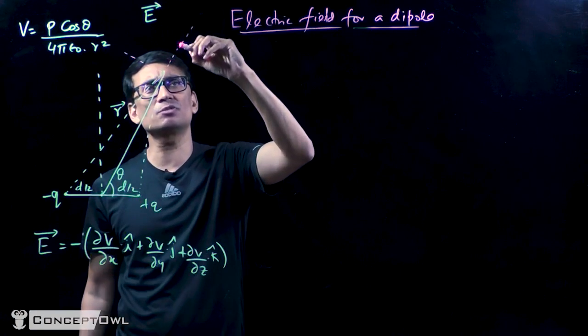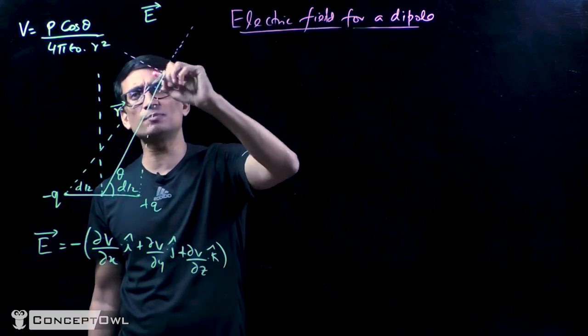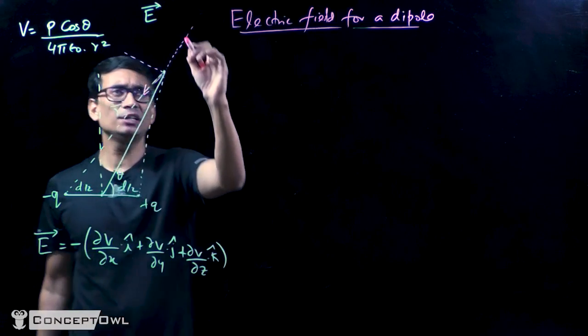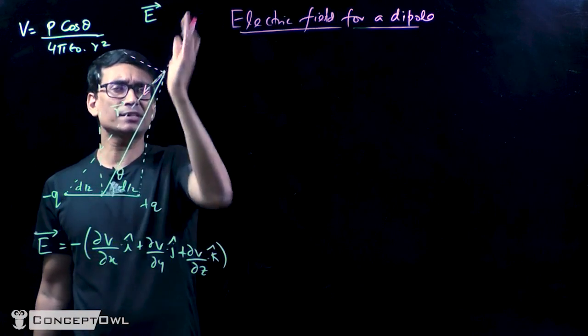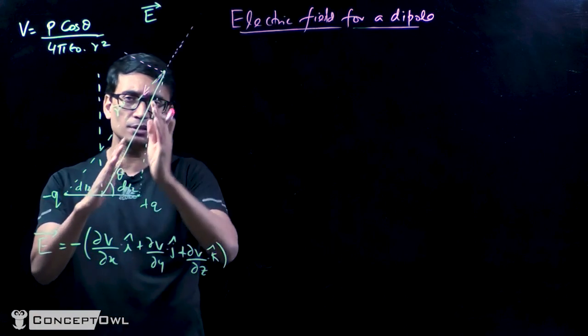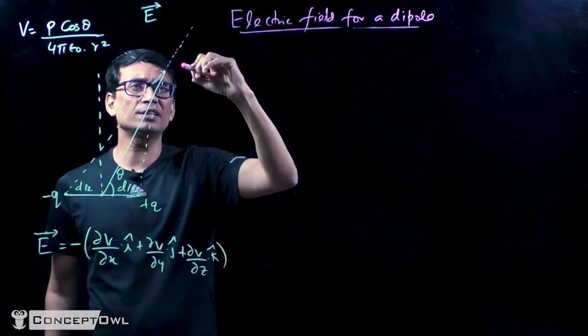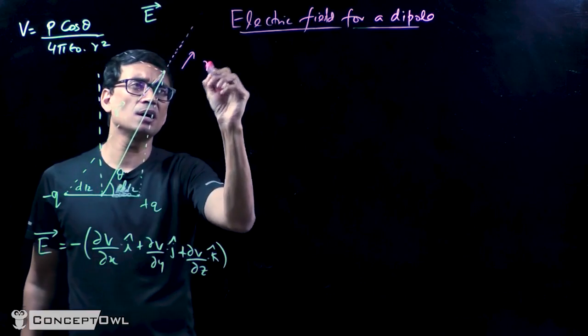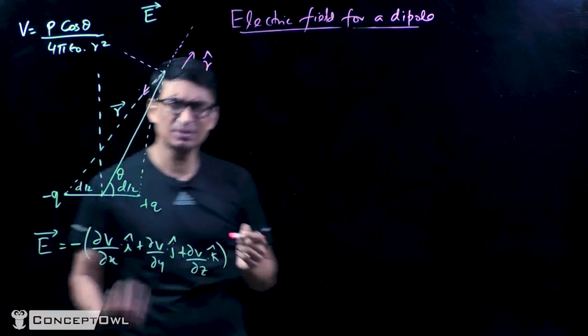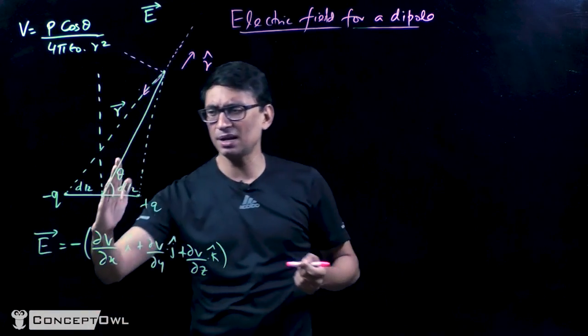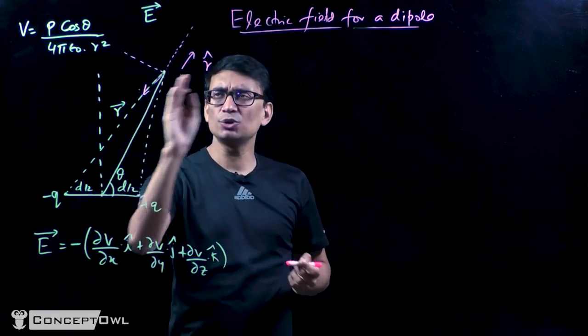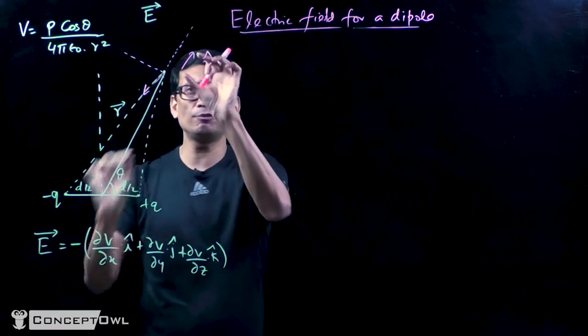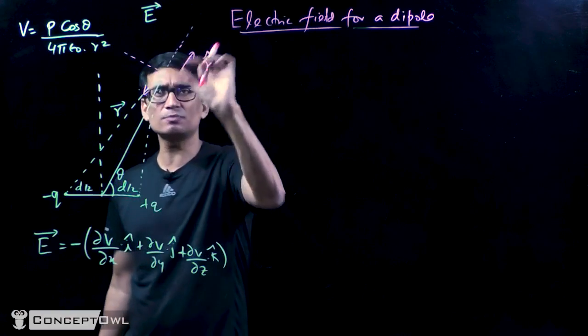So this is one of my axes, this is my second axis, and along this one I have a unit vector. I'm going to call it R cap, just a convenient name. R is my position vector, so the unit vector along R, a vector of magnitude 1 along this line, I'm going to call R cap.